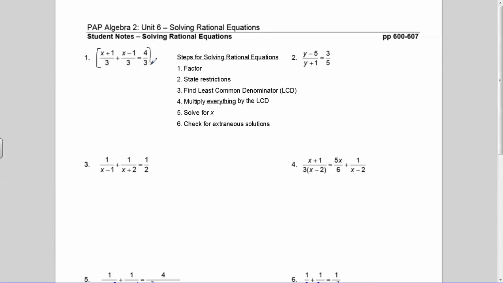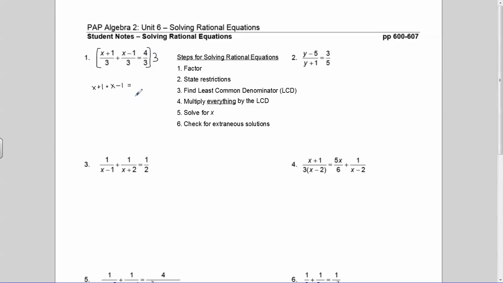And we will do that by putting this all in brackets and writing the least common denominator to the side. And then we'll go ahead and distribute that individually to each fraction. So with the first fraction, those 3's divide out and we are left with x plus 1. In the second fraction, the 3's divide out and we are left with x minus 1.